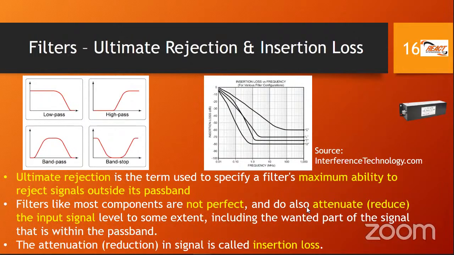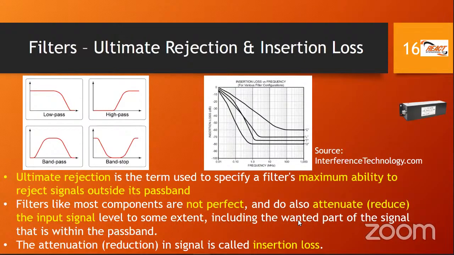So we need to become quite comfortable with some of these terms. Attenuate simply means reduce the input signal. So to some extent, it will reduce. Therefore, bear in mind that it reduces the signal of the unwanted parts, and it also reduces the signal of the wanted parts.